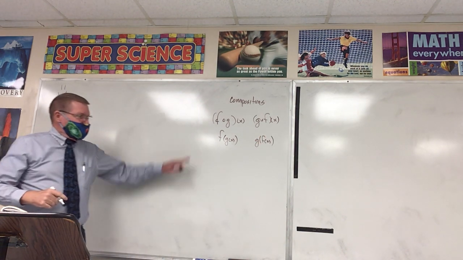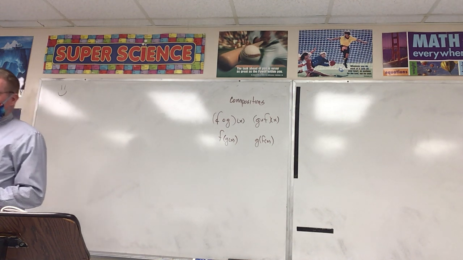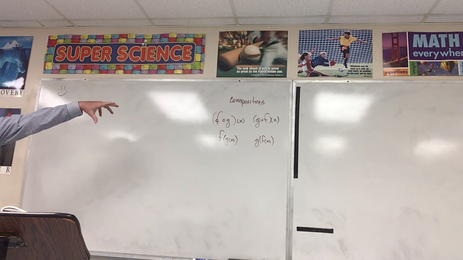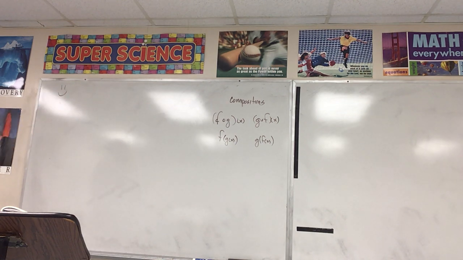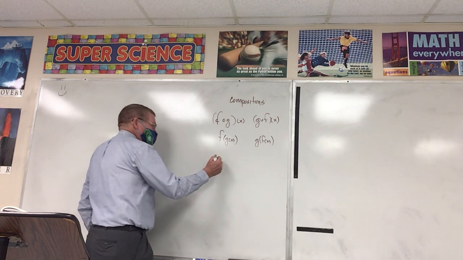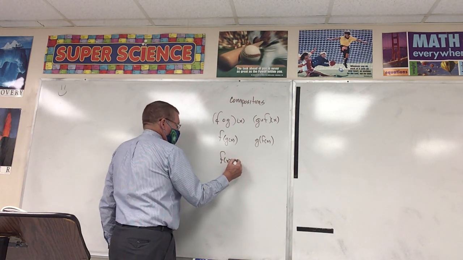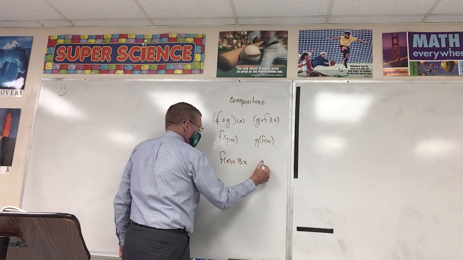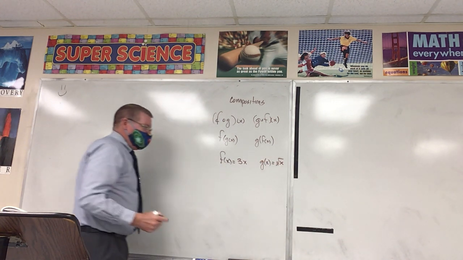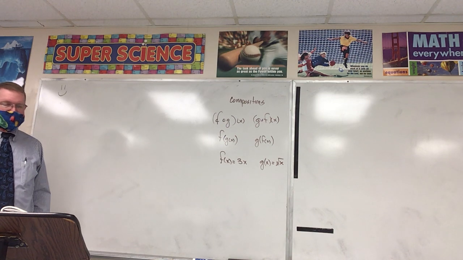Now using this is a little bit easier because function notation tells you whatever's inside the parentheses, you put in for the x in the function. And this is what we're doing here. So we start off simple. We have f of x equals 3x and g of x equals square root of x. Well, we can compose our functions.